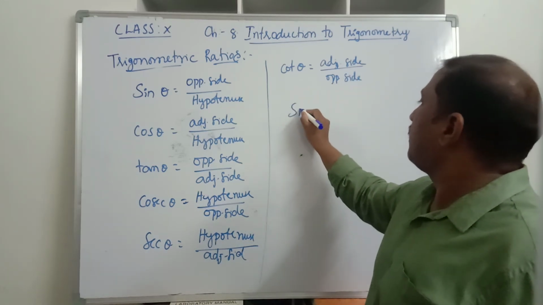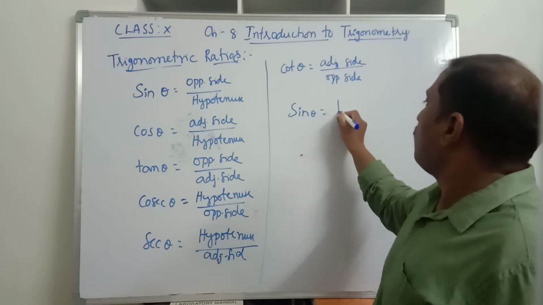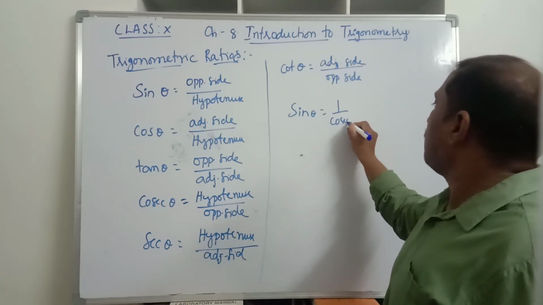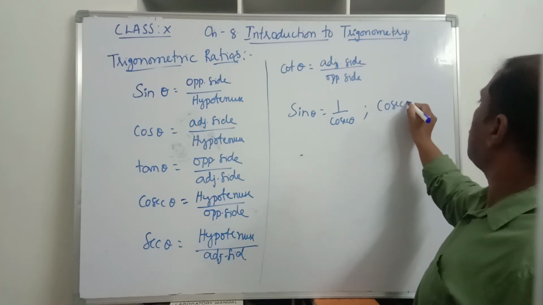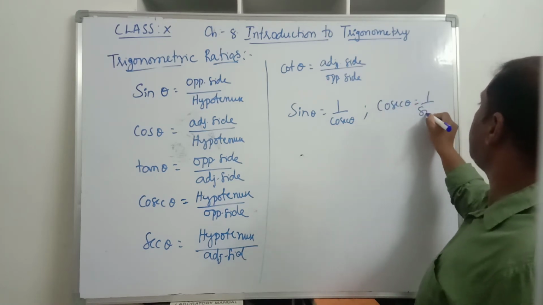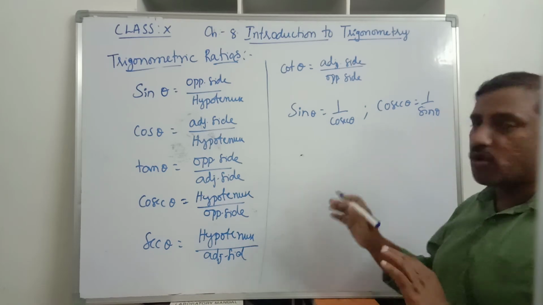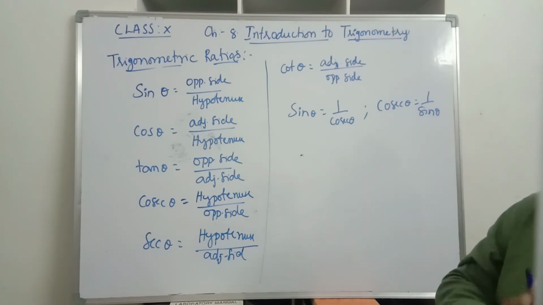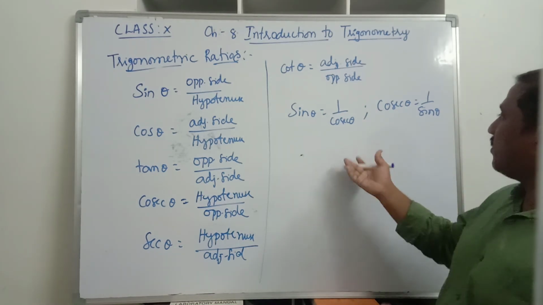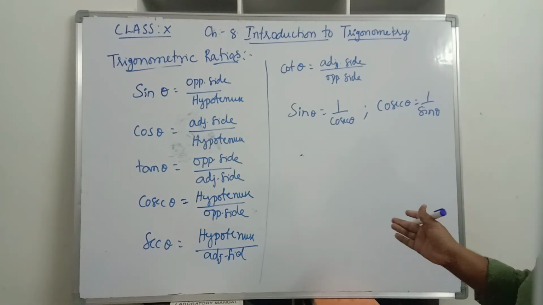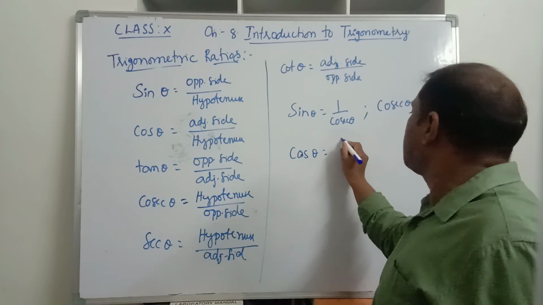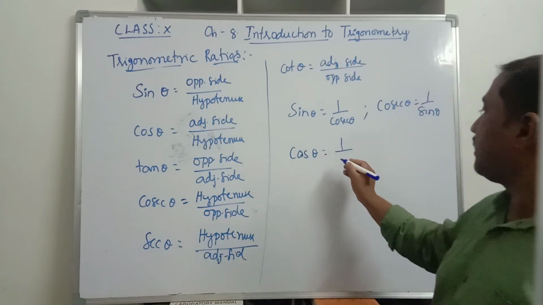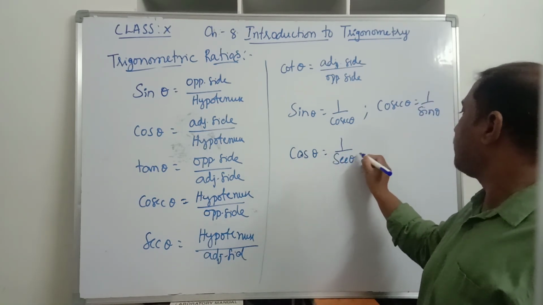Now we will write the reciprocals here. Sin theta is equal to 1 by cosecant theta. Similarly, cosecant theta is equal to 1 by sin theta. They are reciprocals of each other. Similarly, cos theta is the reciprocal of secant theta, cos theta is equal to 1 by secant theta.